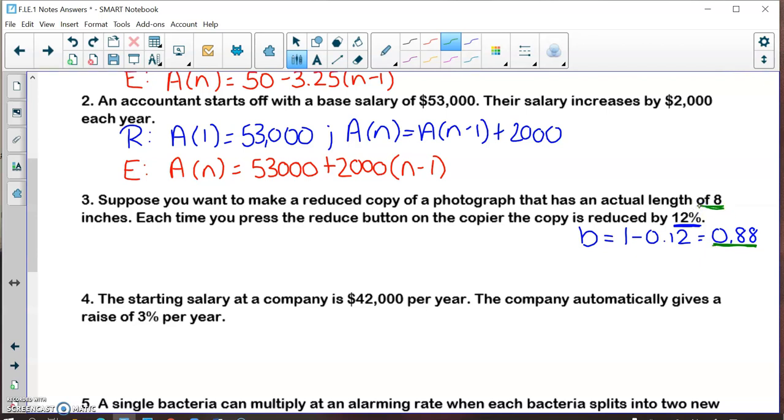and my starting value is 8 inches. So starting with my recursive formula here, this is a geometric sequence because it's more like an exponential function. We would have lowercase a sub 1 is equal to 8 because that's my first term; a sub n is equal to a sub n minus 1 times the number we would be multiplying each term by, which is 0.88.